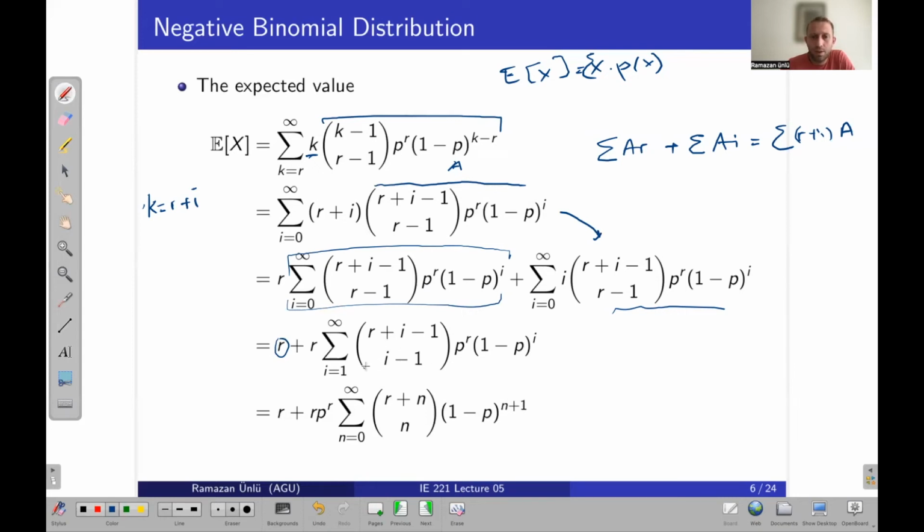I didn't touch anything here, right? But something changed. For example, r minus 1, what happened to this guy? That becomes i minus 1, and instead of i I have r. So let's do that. How do we change this term to this term?